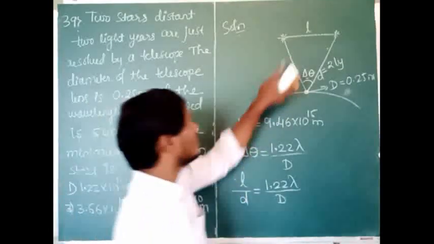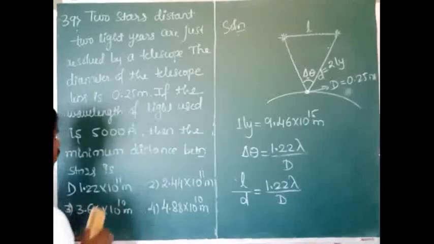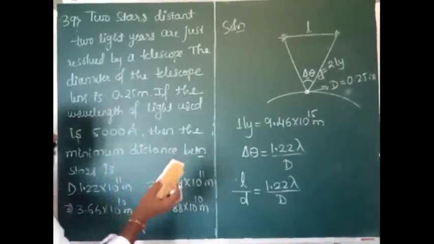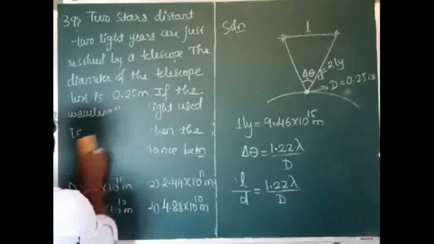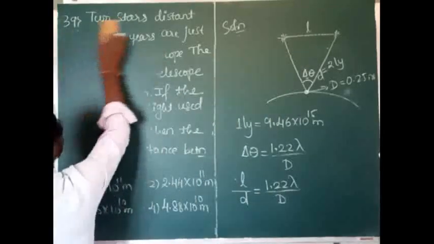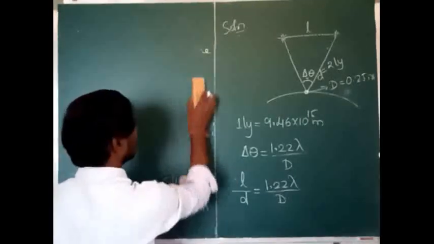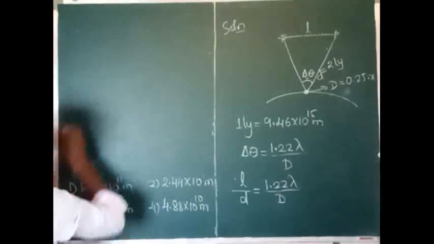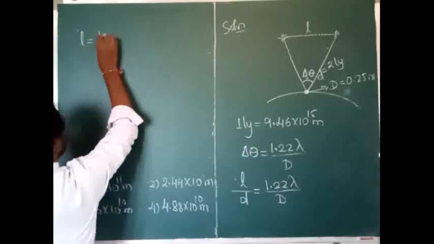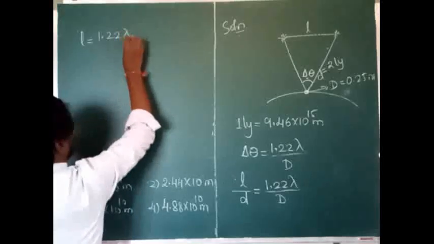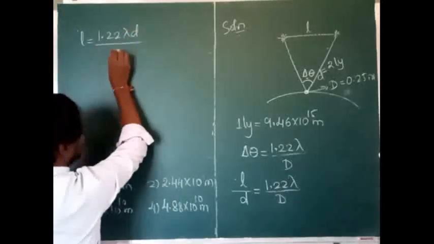L is the minimum distance between the two stars, at which they are just resolved. Then L is equal to 1.22 lambda d divided by capital D.